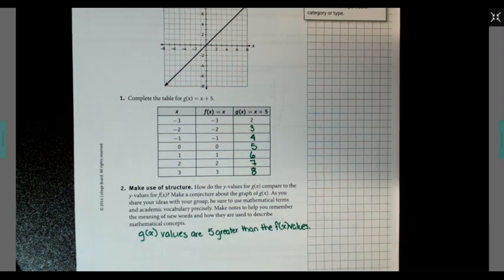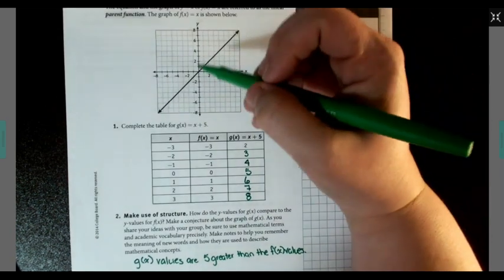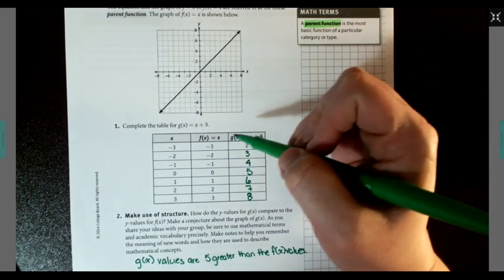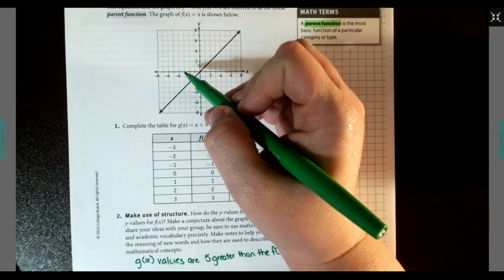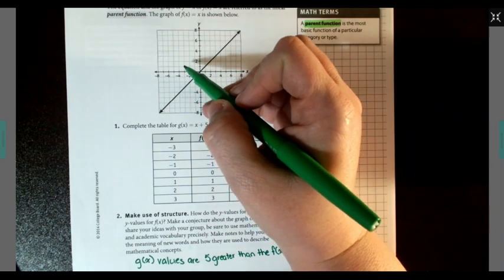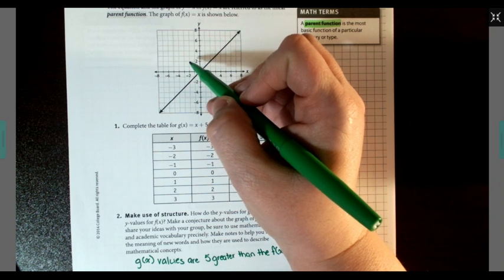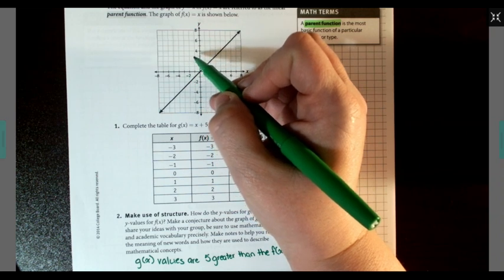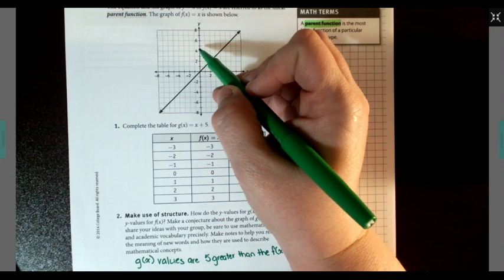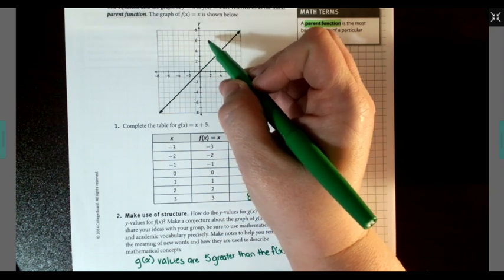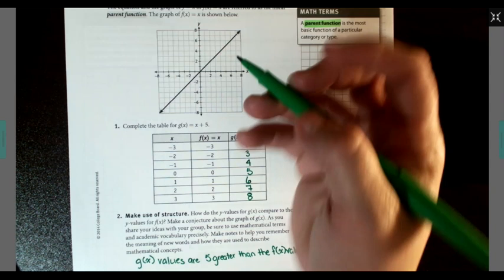So what do we think the graph might look like? Well, if I graph this, negative 3 comma 2 would be like here. And this one would be here, and here, and here, and here, and here, and here.